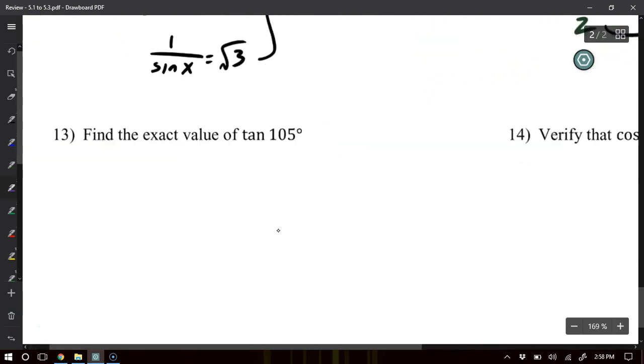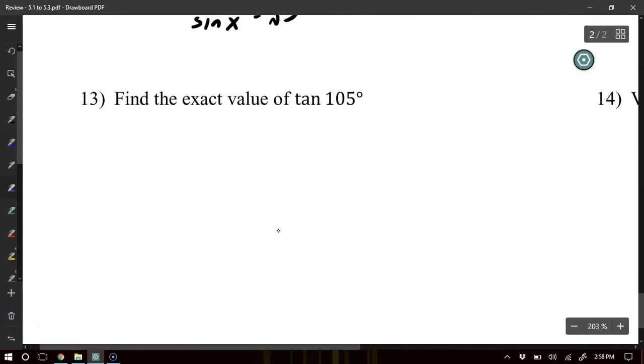Let's look at 13. Now this is tangent of 105 degrees. Well, I want to create 105 degrees. And how am I going to do that? Well, I'm going to do sum or difference. I am going to use 60 degrees plus 45 degrees.